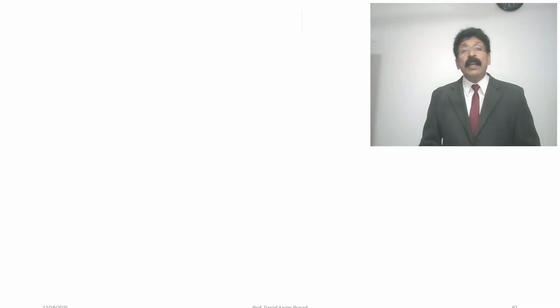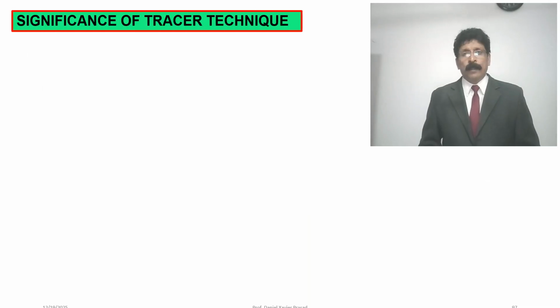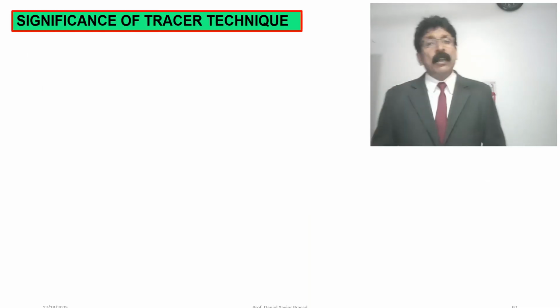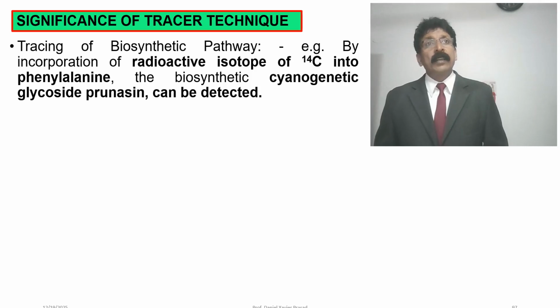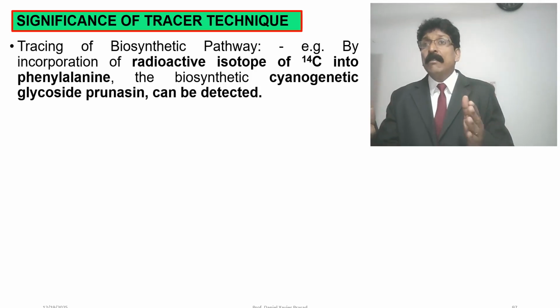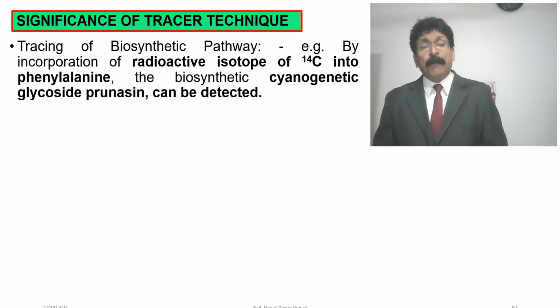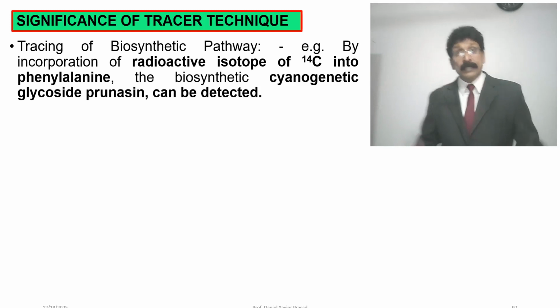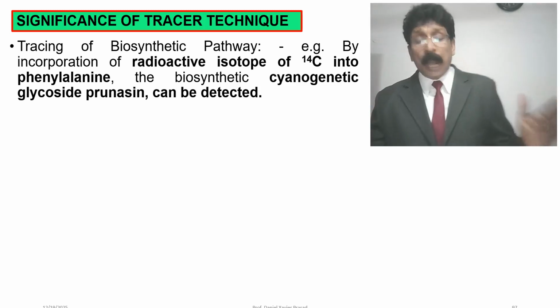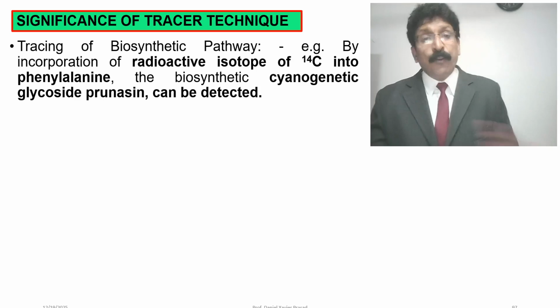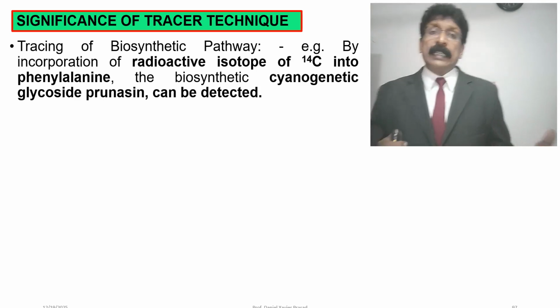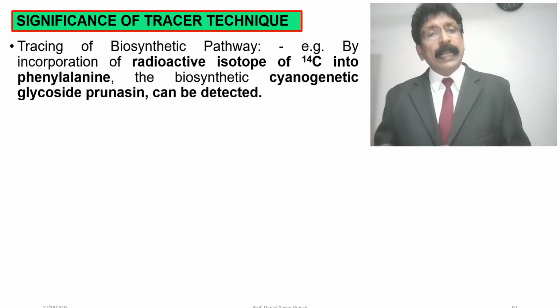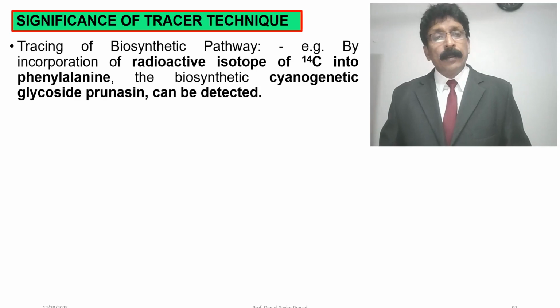The labeling of compounds plays a major role. And we should first know the significance of the tracer technique: tracing or finding a biosynthetic pathway. For example, by incorporating the radioisotope carbon-14 into phenylalanine, the biosynthesis of the cyanogenetic glycoside prunasin can be detected.